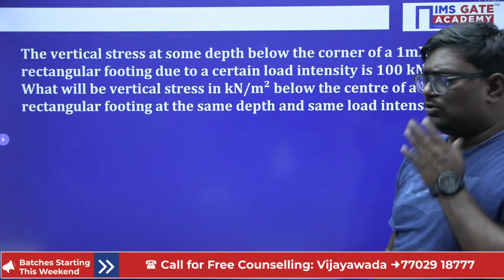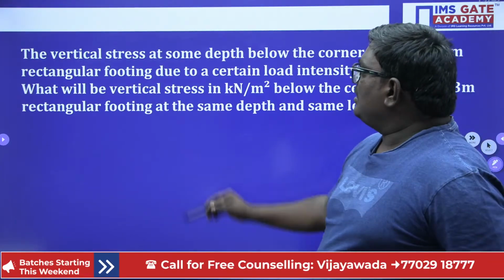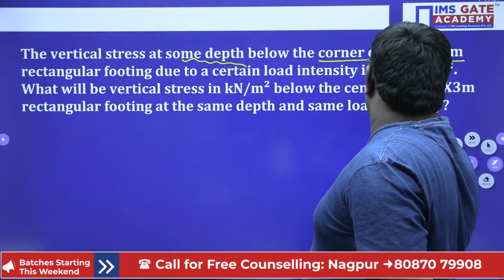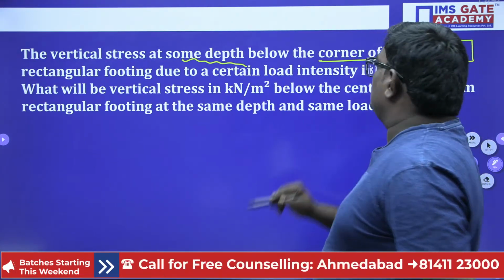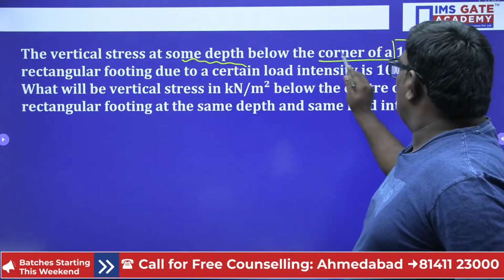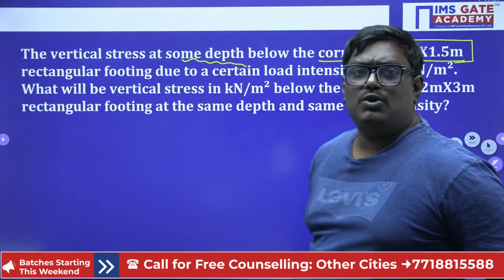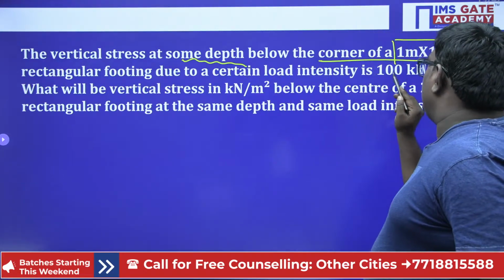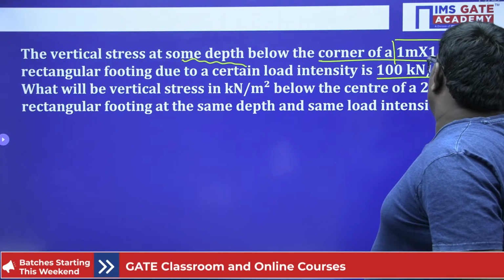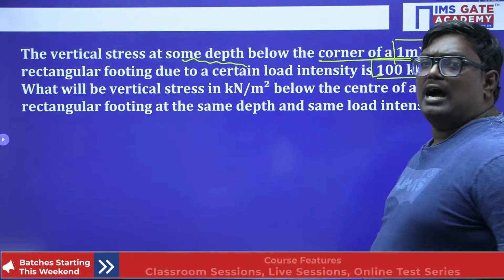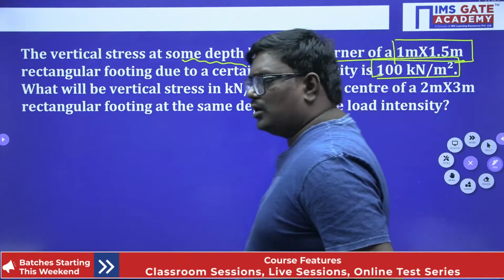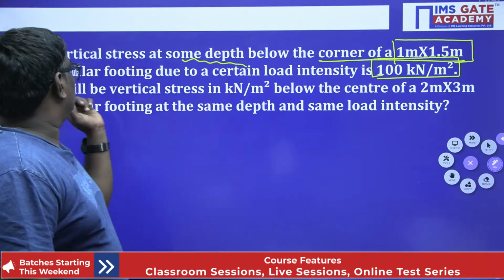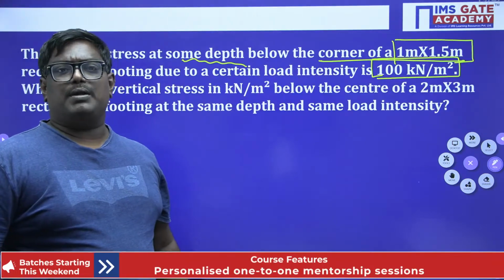So actually, students, the vertical stress at some depth below the corner of a 1 meter into 1.5 meter rectangular footing due to certain load intensity is 100 kilonewton per meter square.